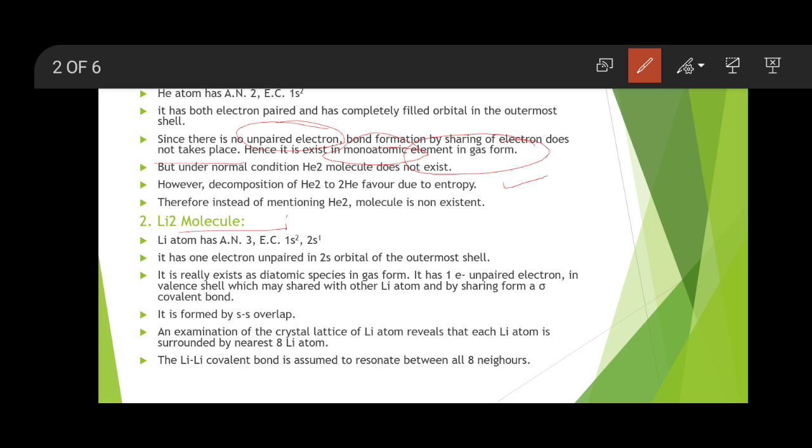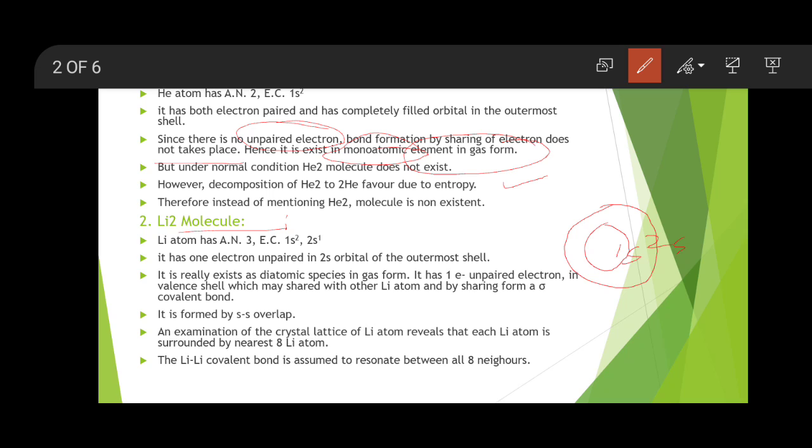Then there are 3 electrons revolving around the nucleus in shells, and these 3 electrons can be shown in the form of electronic configuration as 1s2, 2s1. I will show you. This is the first shell of lithium, this will be the second shell of lithium. In the first shell there is an s orbital, in the second shell there will be a 2s orbital, and both shells have an s orbital.